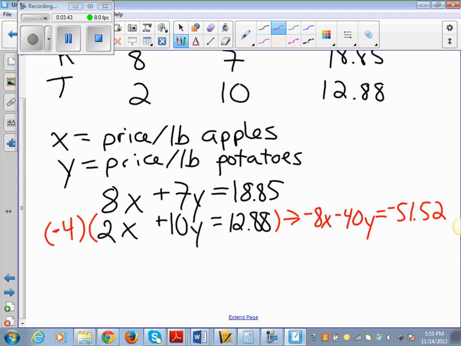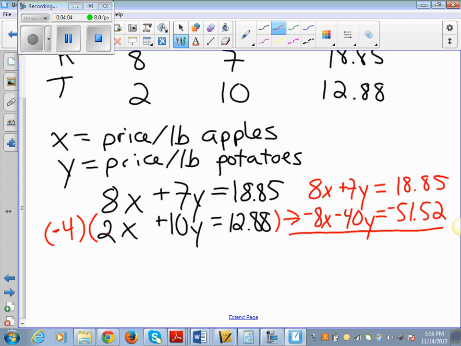And then we are just going to copy our first equation down because we did not change it in any way. So now when we add these, we can use elimination because if we add 8x plus -8x, it's going to give us 0x. So we've eliminated the x variable.